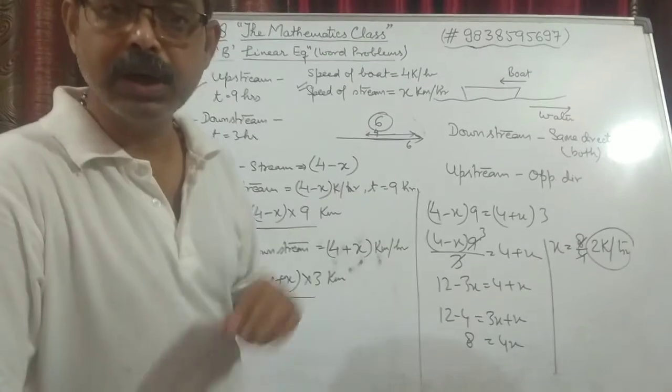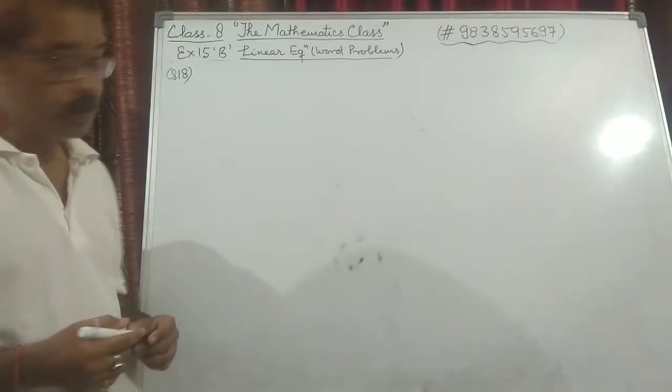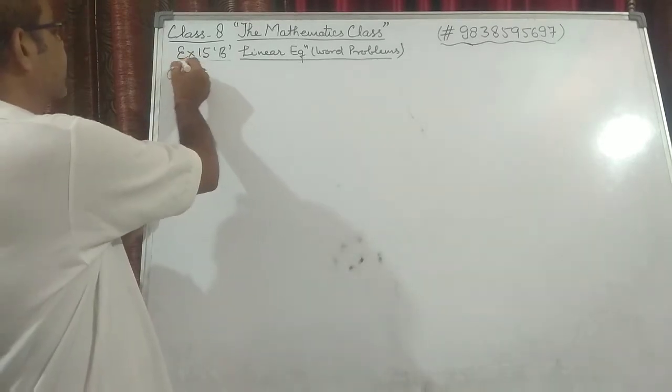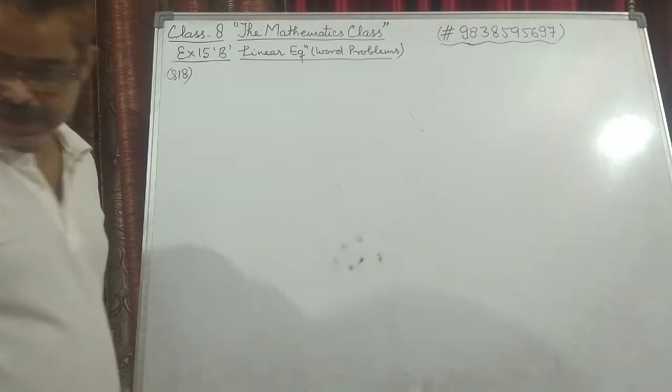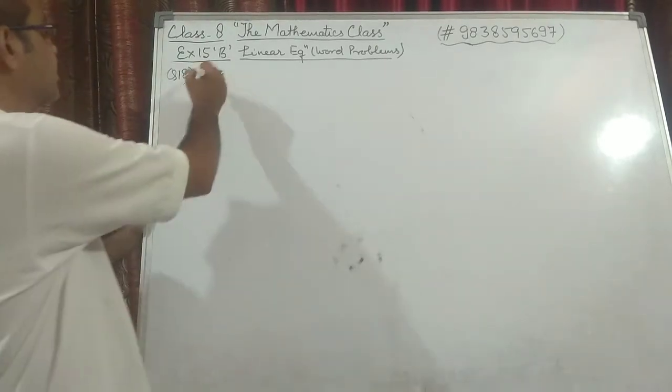Now we move on to the last question, that is question number 18. They say that Bittu spends 1/3 of the money with him on books.